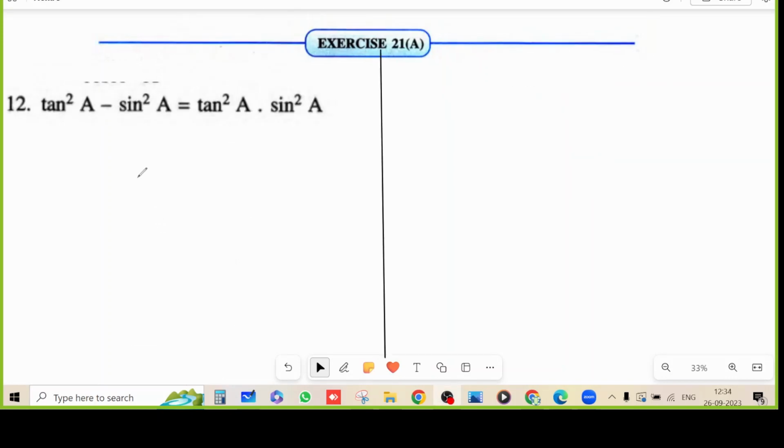Let's begin with question number 12 now. The left hand side here is given as tan square A minus sine square A. So we will convert tan square A in the form of sine and cos now. So tan A is equal to sine A by cos A. So we will use that relationship over here.